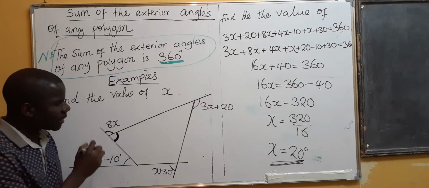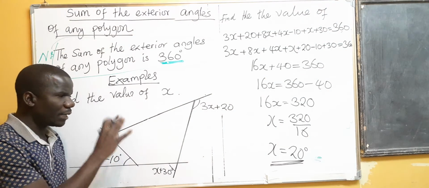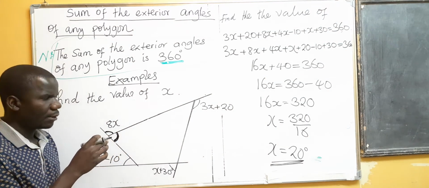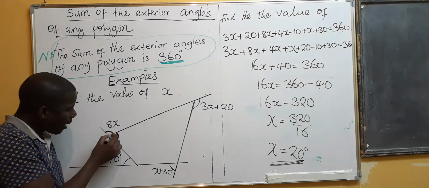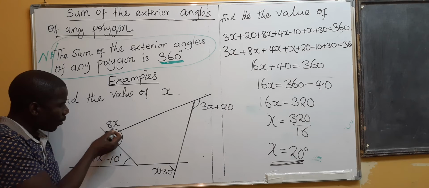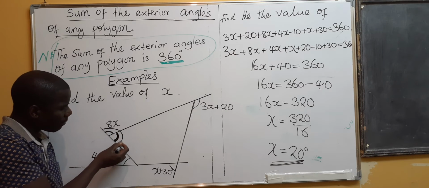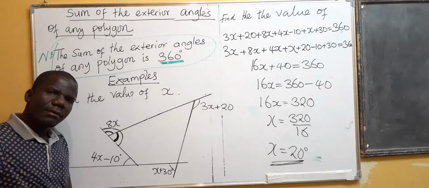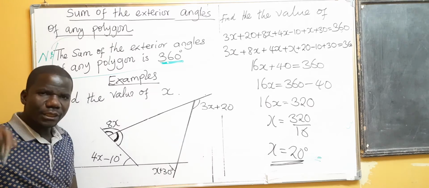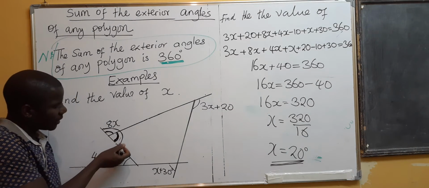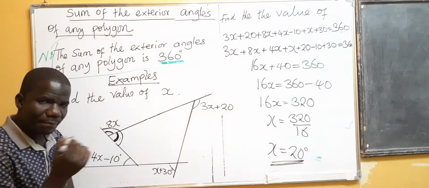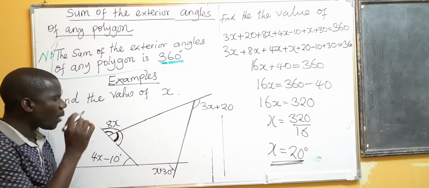So one thing that I want to mention when we are dealing with polygons is that the exterior angle and the interior angle, these two, what do we call them? If you remember our first lesson in angles, these angles are on a straight line, and angles on a straight line are supplementary, meaning they add up to 180.